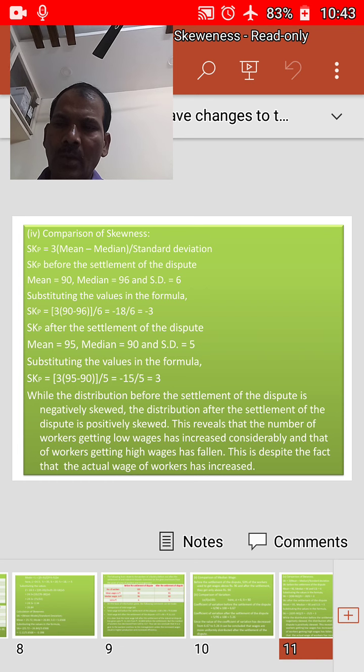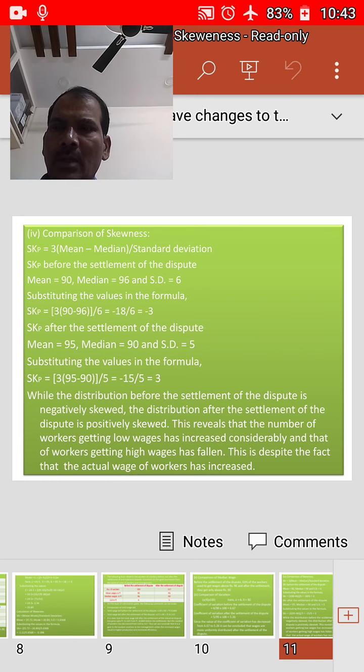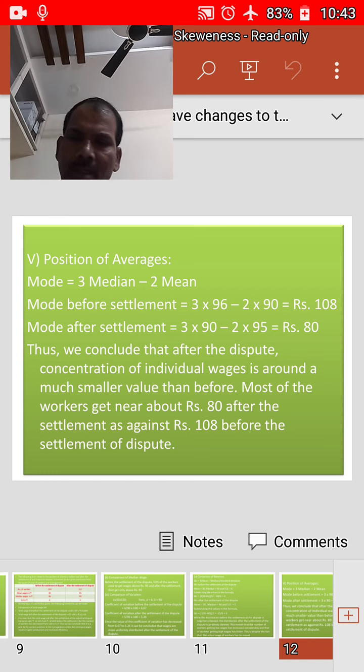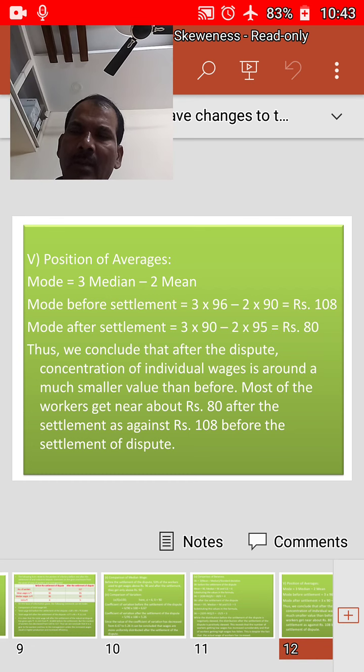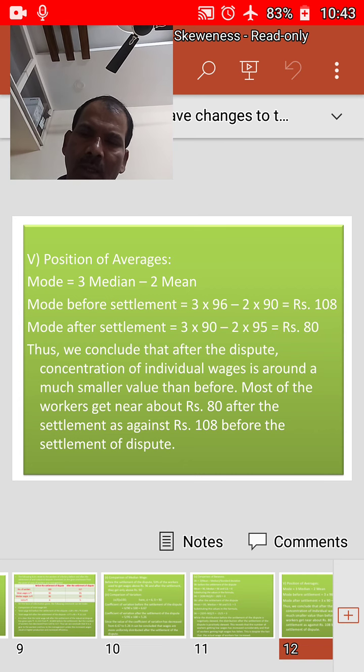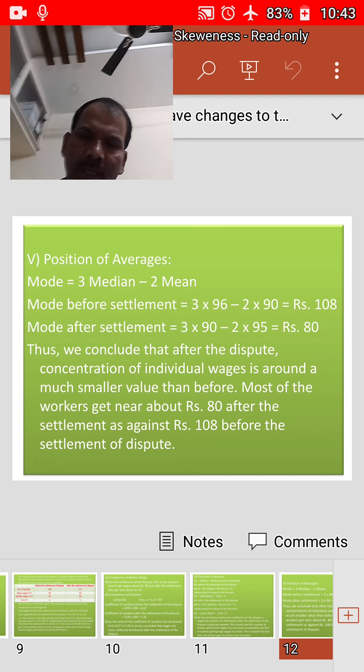With this, we will conclude the comparison, and we will take position of averages. Mode is equal to 3 median minus 2 mean. Mode before settlement is equal to 3 into 96 minus 2 into 90, that is 108. Mode after settlement is 3 into 90 minus 2 into 95, that is 80.